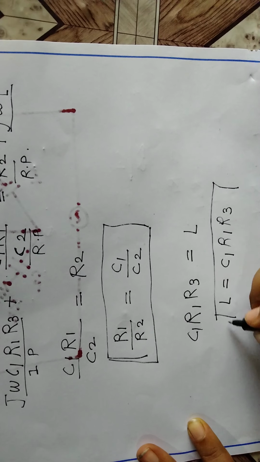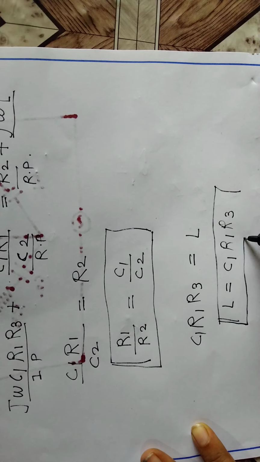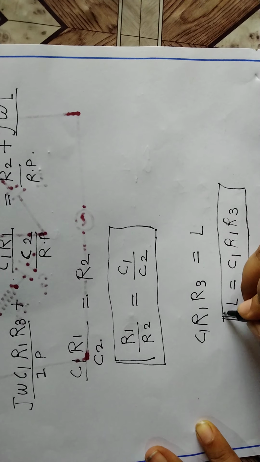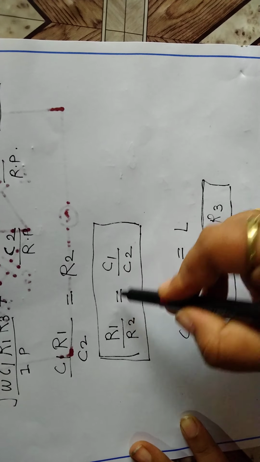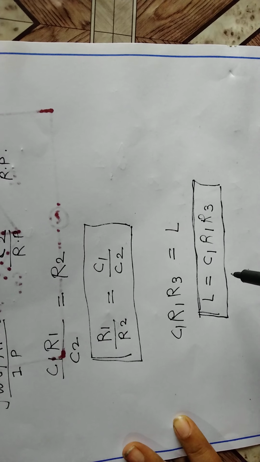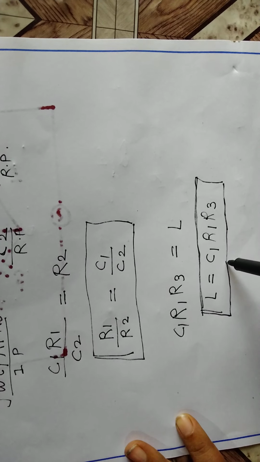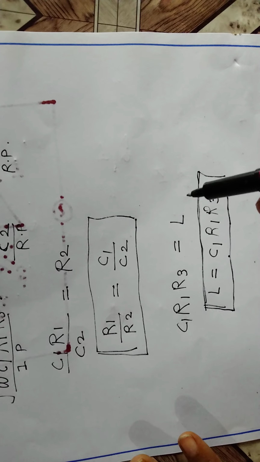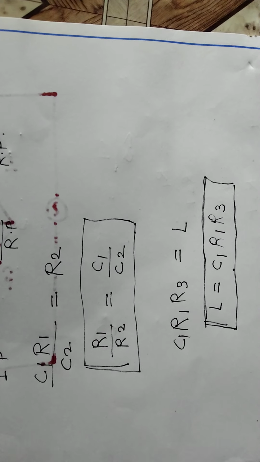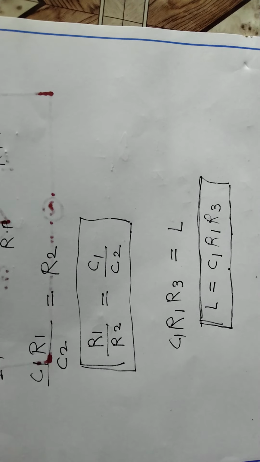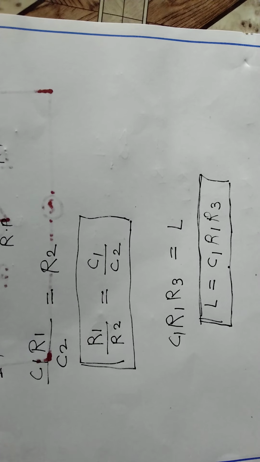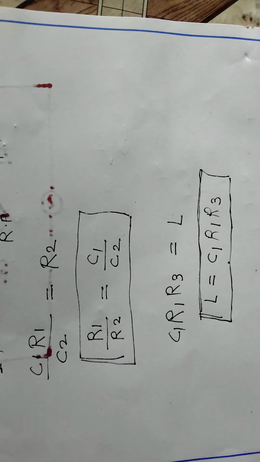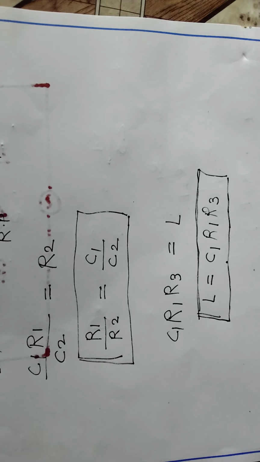The above equation gives the inductance of the inductor. This is the balancing condition, and this is the equation of inductance. So we found the balance condition, C1 by C2 is equal to R1 by R2. This is complete. Thank you.